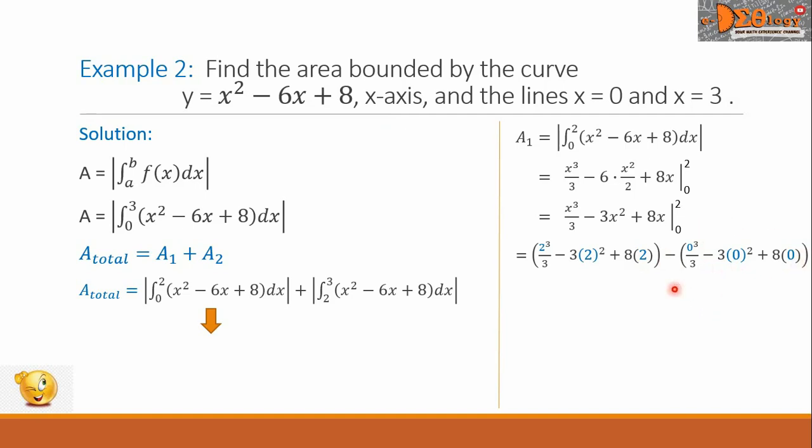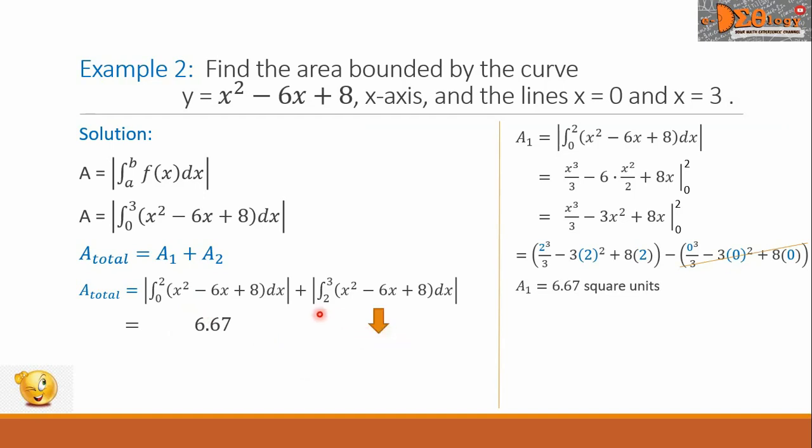The second group here will come down to 0. We can simplify the first group and we will get the final answer for area 1 to be 6.67 square units. This value we will copy below area 1 in this formula.